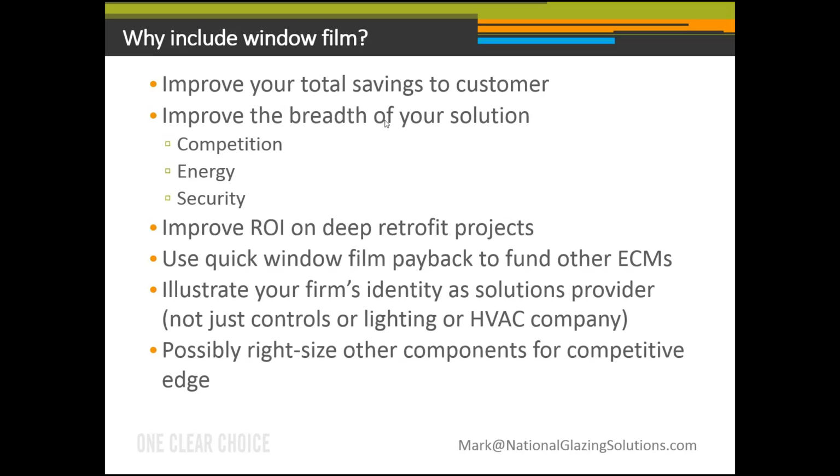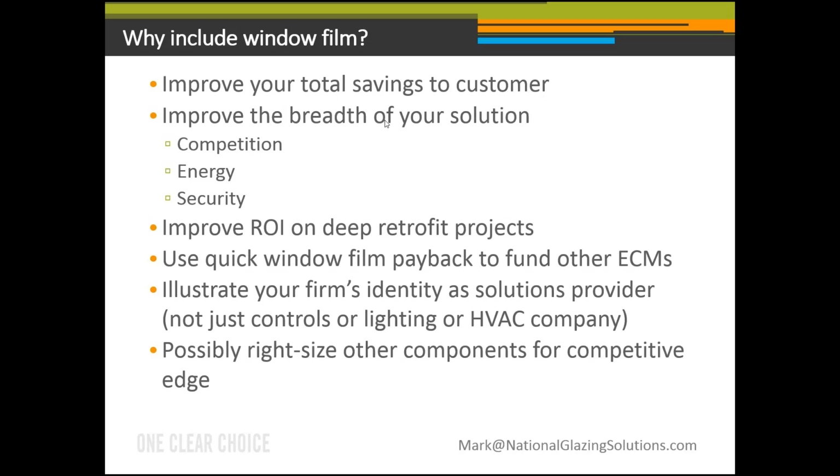You can also improve the ROI of deep retrofit projects because any project with an overall ROI longer than the window film ROI will benefit from the addition of window film. This is pretty similar to the next bullet point of using window film's quick payback to even fund other ECMs that would otherwise be too long a payback.